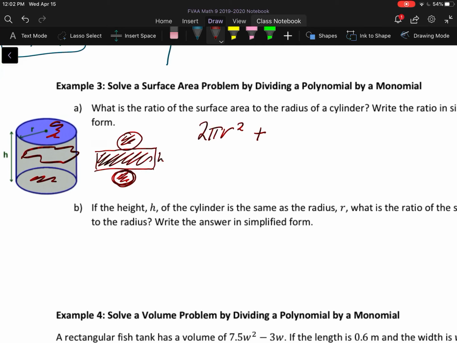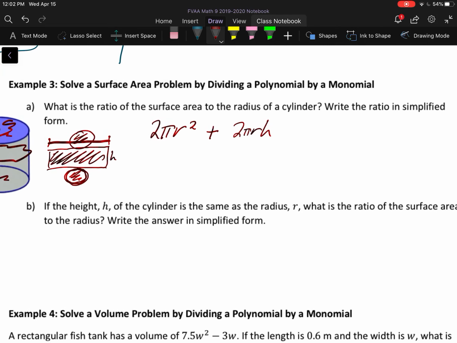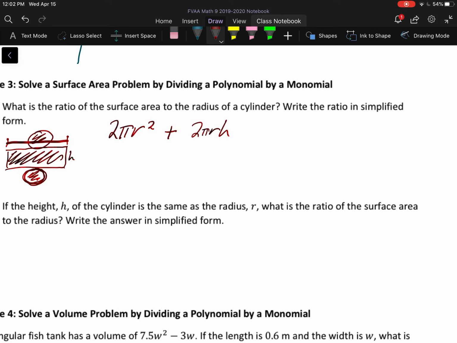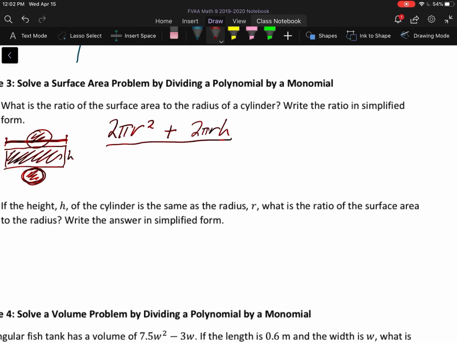But the length of this rectangle is the circumference of the circle on the top and bottom, and the circumference of that circle is 2 pi r. So 2 pi r, the circumference of the top and bottom circles of a cylinder, times the height h gives me the area of the side. I want the ratio of the surface area to the radius of the cylinder, so I'm going to divide this expression by r.